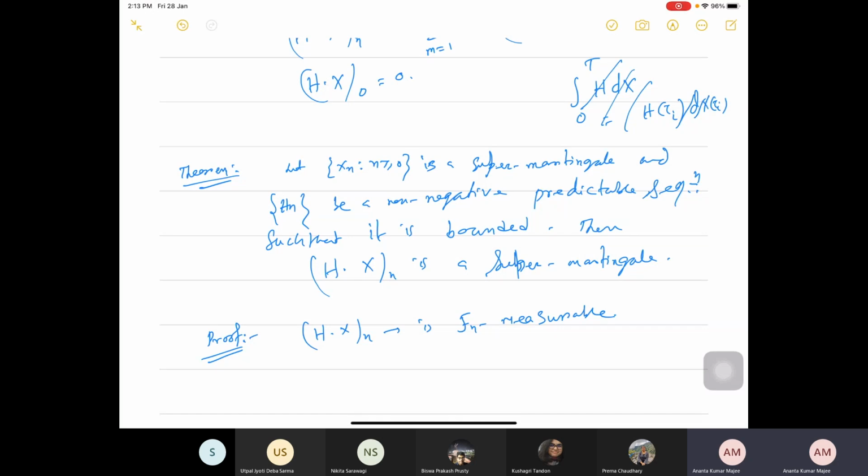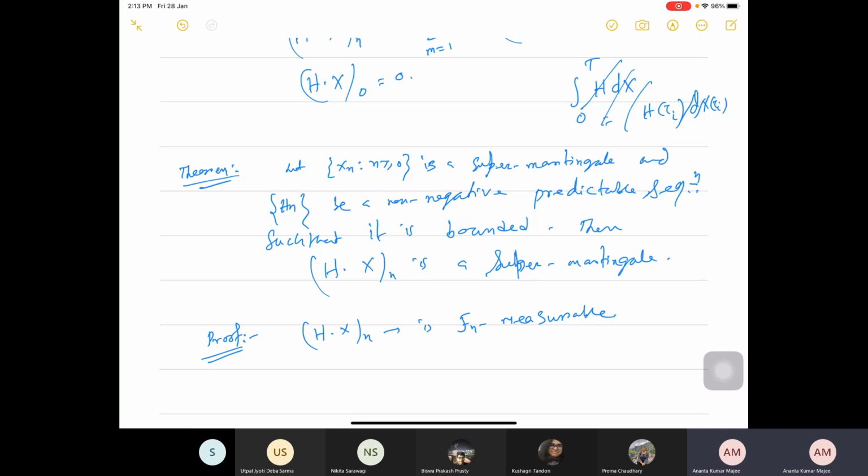Because my filtration F_n is an increasing sequence of sigma algebras. That means if m is less than or equal to n, then F_m is a subset of F_n. So if it is F_m measurable, then it is automatically F_n measurable for n greater than m. So from the definition of h·x, it is F_n measurable.